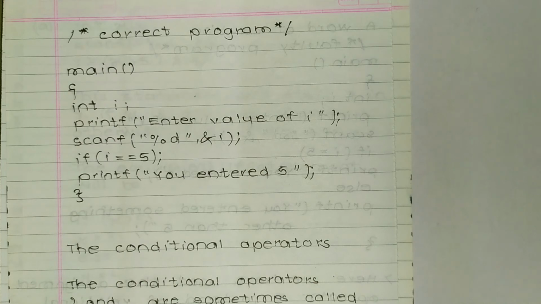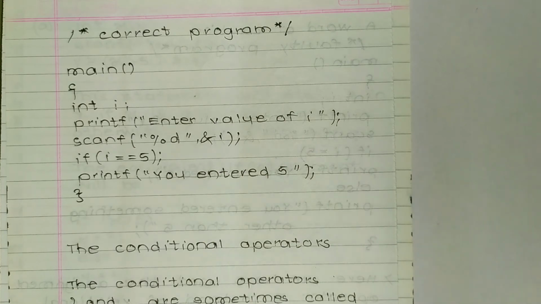Now if I is equal to 5, printf, you entered 5. This is a correct program, and here is equal to is used 2 times.